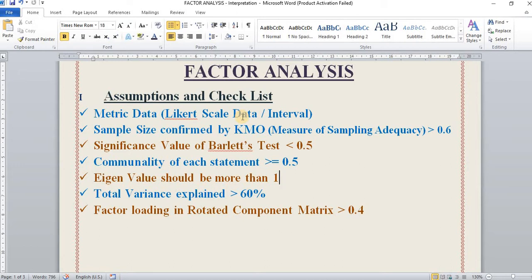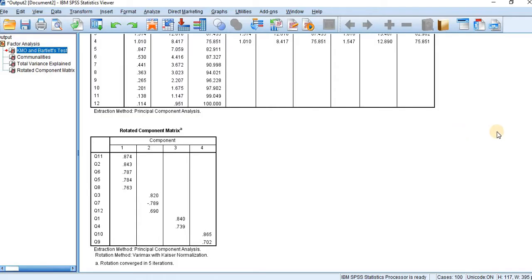In my previous video, I already discussed, I have shown practically and with diagrams how the Likert scale score is converted into interval scale. Please watch it.